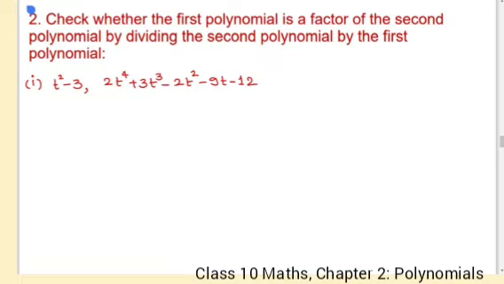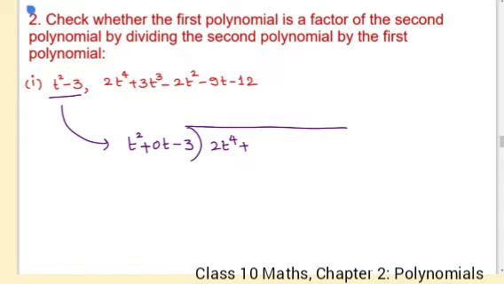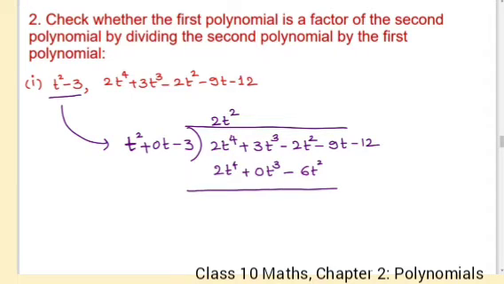Second question, check whether the first polynomial is a factor of the second polynomial by dividing the second polynomial by the first polynomial. So this t square minus 3 can be written as t square plus 0t minus 3 and 2t raised to 4 plus 3t cube minus 2t square minus 9t minus 12. So divide it, t square into 2t square, whenever you multiply you will get a 2t raised to 4.